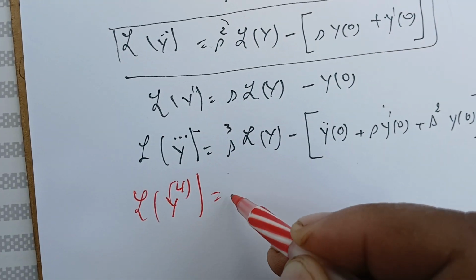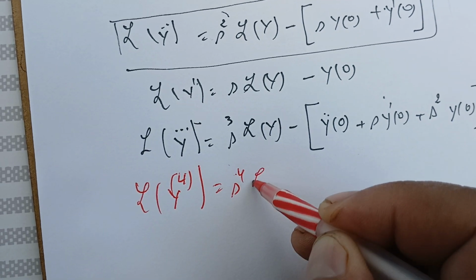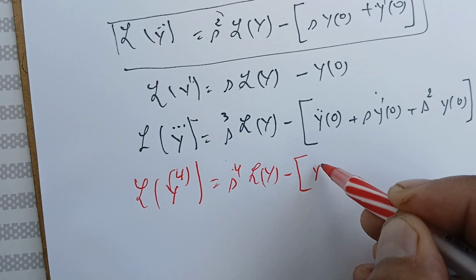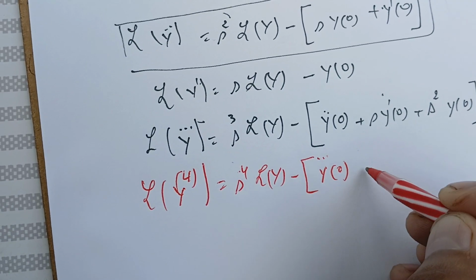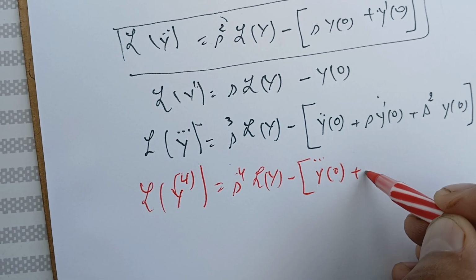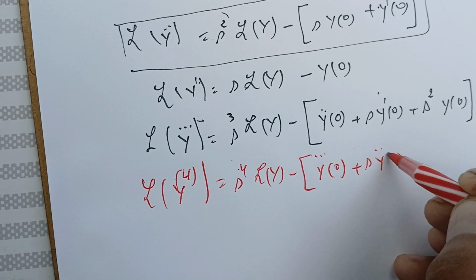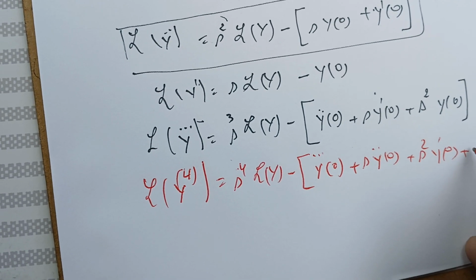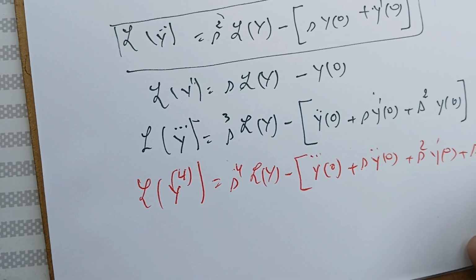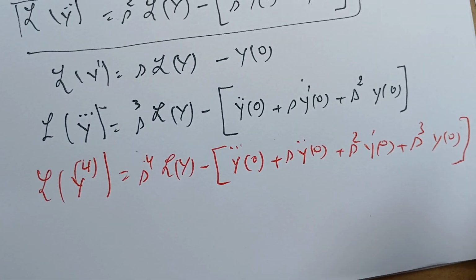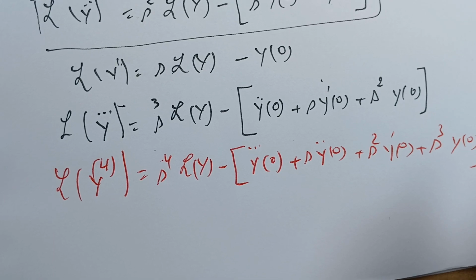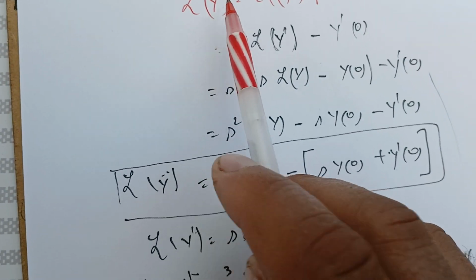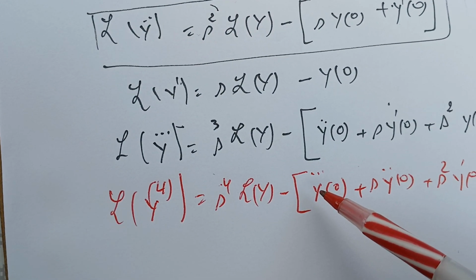It's going to be s to the power 4 L of y minus y'''(0) plus s y''(0) plus s squared y'(0) plus s cubed y(0). And I hope that you see the result that we can get in general, by just using this one here.